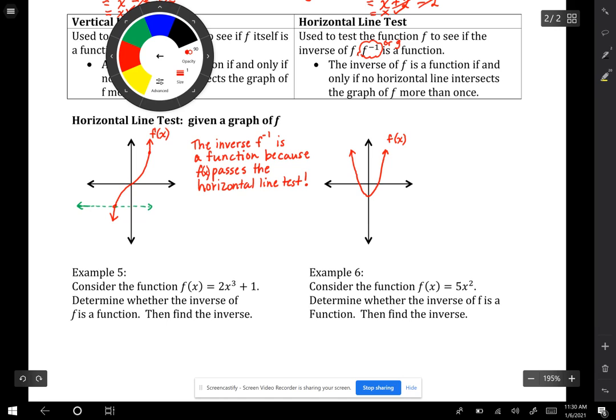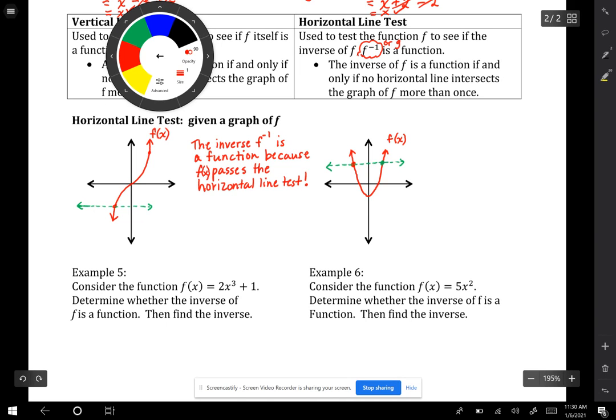And now pick a point anywhere you want on the graph, and I will pick this one. Not that it matters. And then draw a horizontal line through it. Well, if you notice, it actually crosses right there as well. So this failed the horizontal line test.